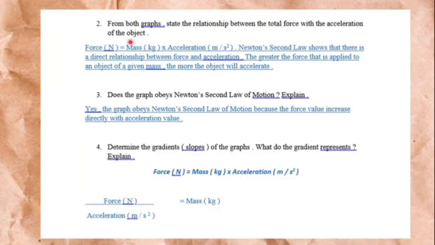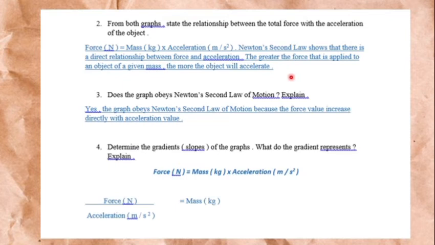Number 2. From both graphs, state the relationship between the total force and the acceleration of the object. The formula is force is equal to mass times acceleration. Based on Newton's second law of motion, there is a direct relationship between force and acceleration. The greater the force that is applied to an object of a given mass, the more the object will accelerate.